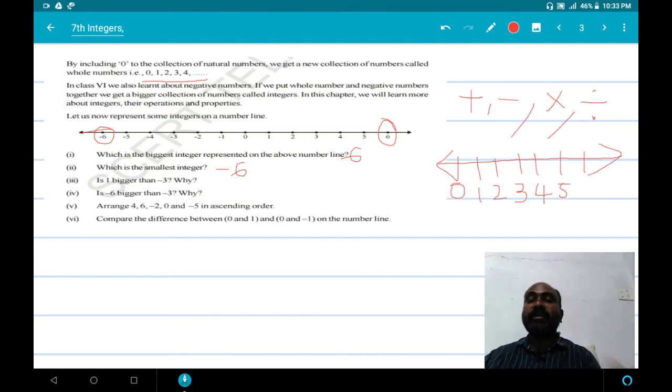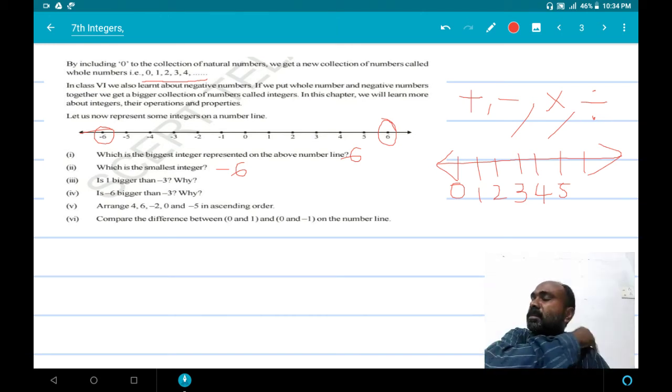If between minus 6 and 6 we compare any two other integers, then how would we say it? Whenever we learn about integers on the number line, right side is bigger, left side is smaller. That is the point we cannot forget.